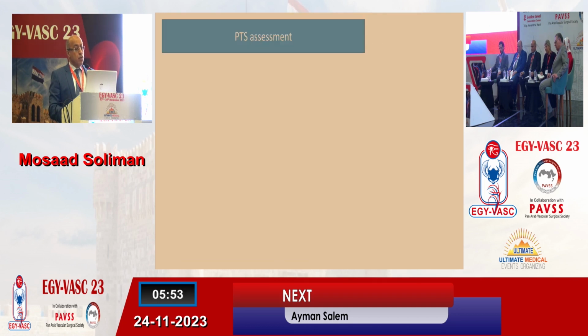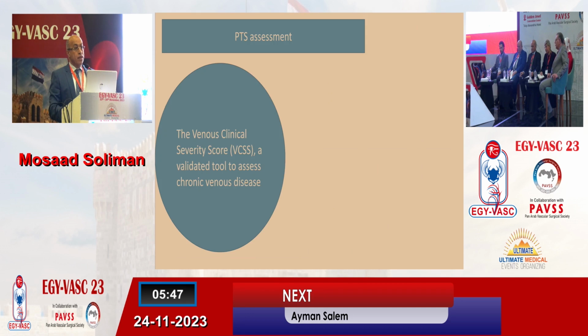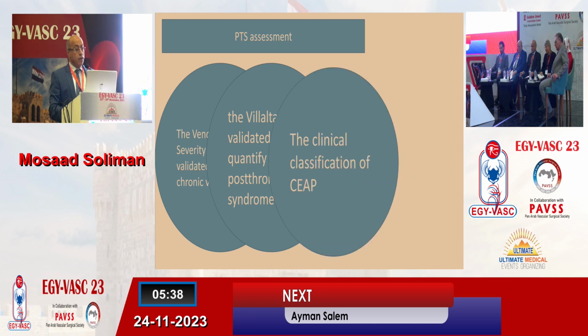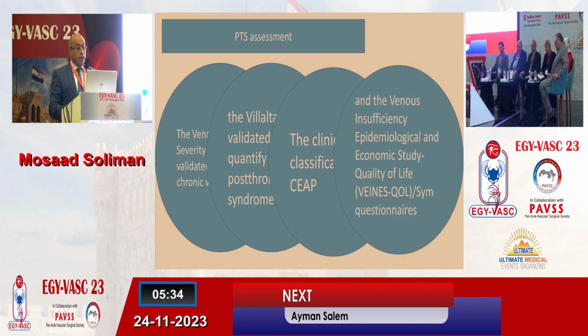We have to go through the assessment of PTS first by using various scoring systems, ranging from the VCSS to the Villalta score, and then the SEEB, and lastly the vein quality assessment score.